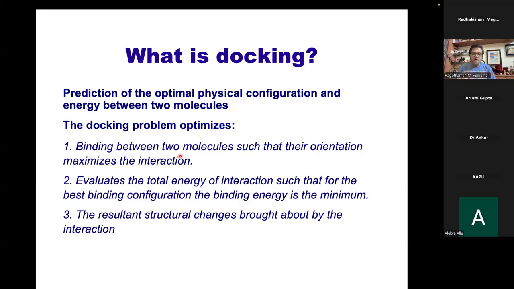Now, among all this, when you have a maximal interaction, there could be a scenario where it may not have the lowest energy. So you want to find the lowest total interaction energy, such that the binding energy is minimum. Going back to the same example that I told yesterday, among an acrobat or a contortionist, you have many different ways in which the human body can move and rotate, and a lot of different ways they can twist and turn.